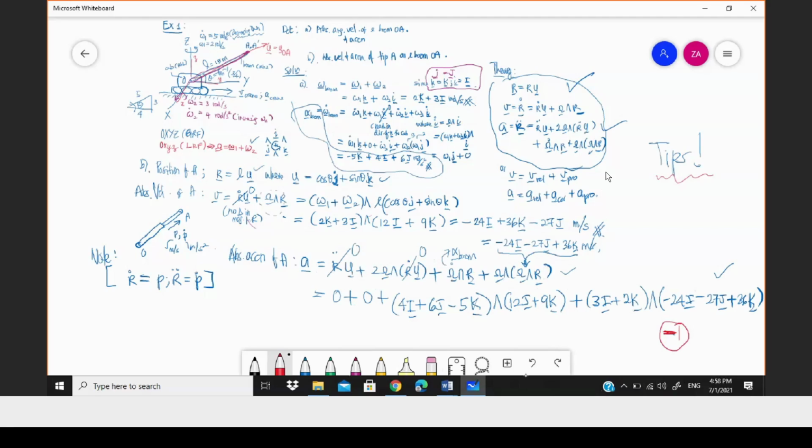Dengan syarat, apa syarat dia? Syarat dia, at least during the previous step, which is right here in the calculation of the velocity, you have shown me, you have proven to me that yes, you know how to perform the cross product right here. You got this answer correct, at least for the velocity.